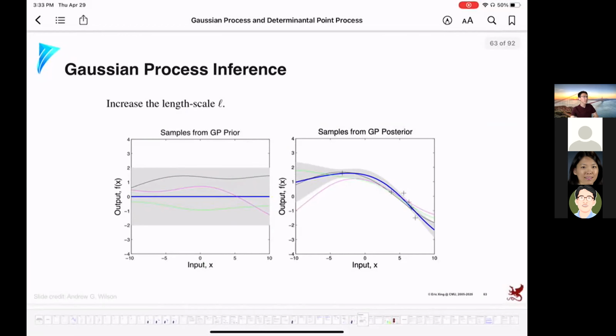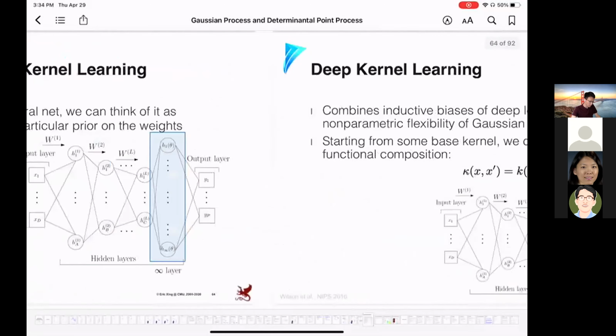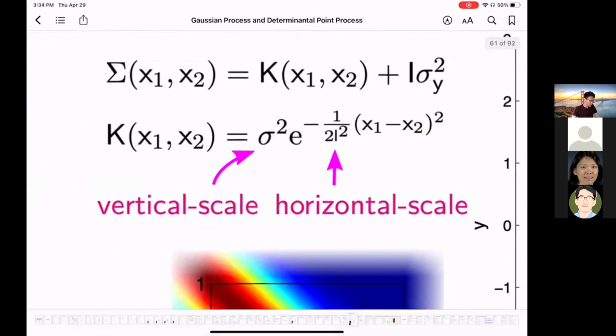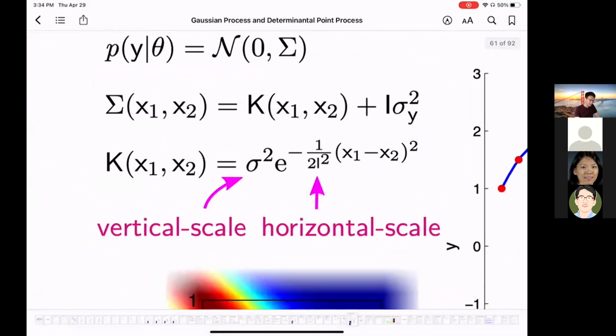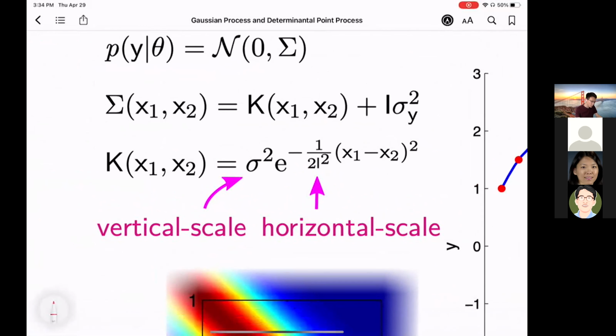Right, I think that's a really good point. For most of this presentation, everything is based on the Gaussian kernel. The formula is this one here, based on the distance between two data points. It's the same kernel function, but we use some hyperparameters to control the scale of this function.